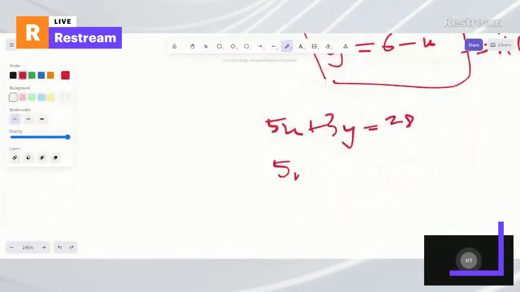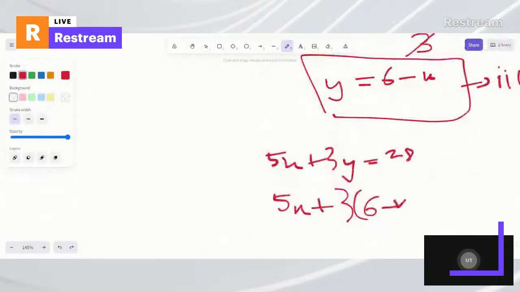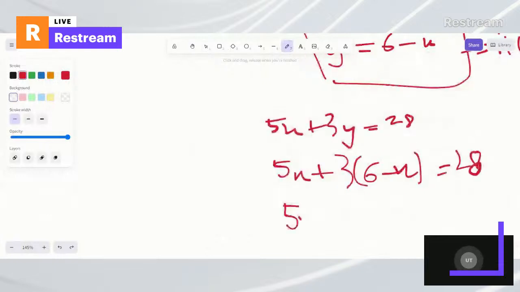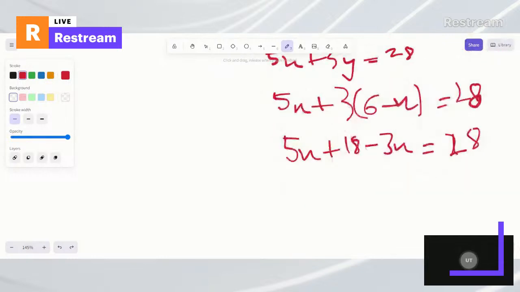So 5x plus 3 times (6 minus x) equals 28, right? So it becomes 5x plus 3 times 6, which is 18, and 3 multiplied by negative x becomes negative 3x, equals 28. All right, so 5x minus 3x becomes 2x.